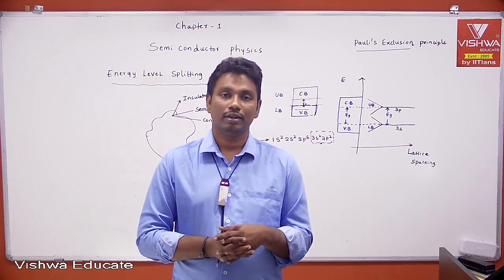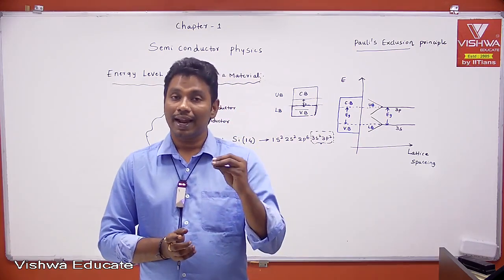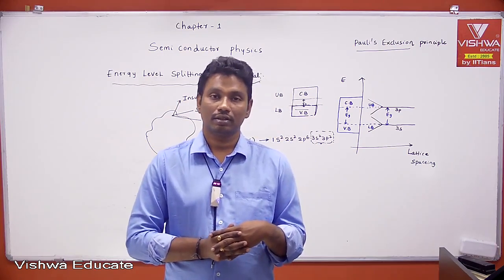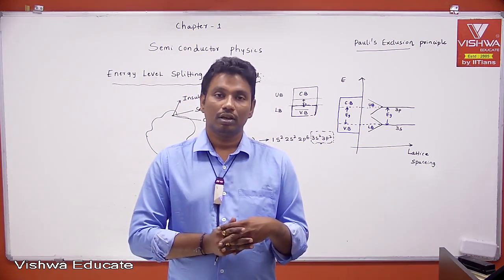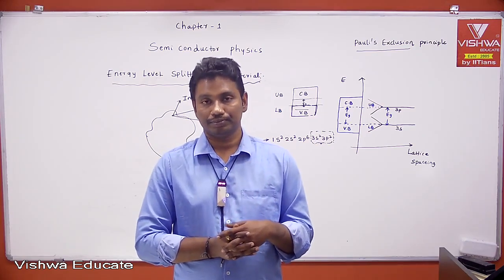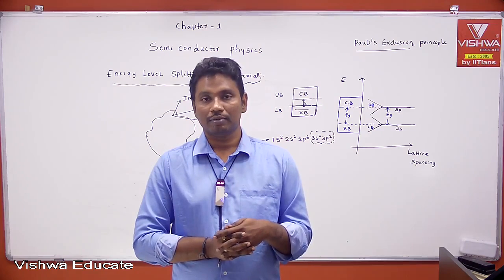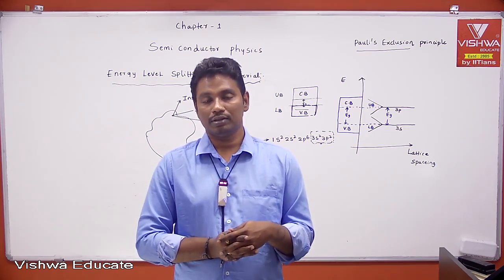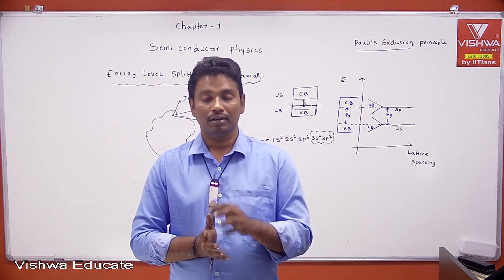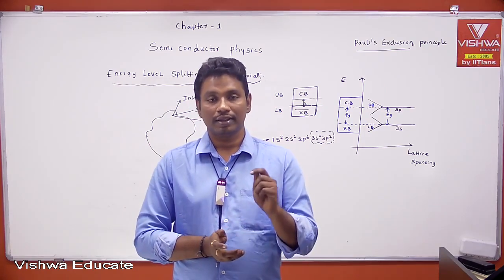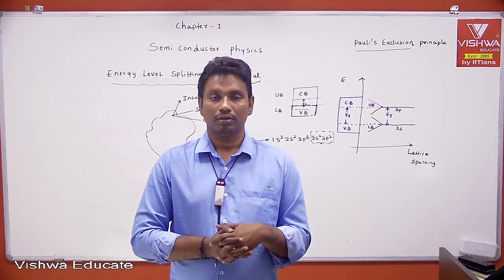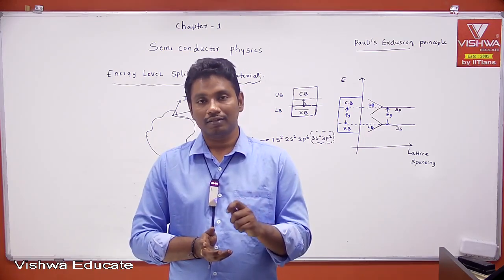Next point, at lattice spacing, the single band can be divided into two bands. The first one is the upper band and the second one is the lower band.